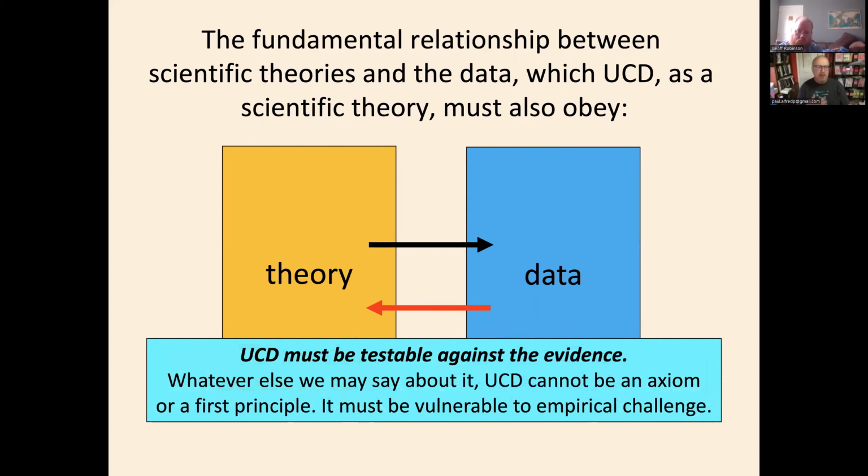This is philosophy of science, 101. Universal common descent must be testable against the evidence. It cannot be held as a first principle. It's got to be vulnerable to data should any challenges arise. So we'll take this as our starting point. We're not going to adopt the theory as an axiom.